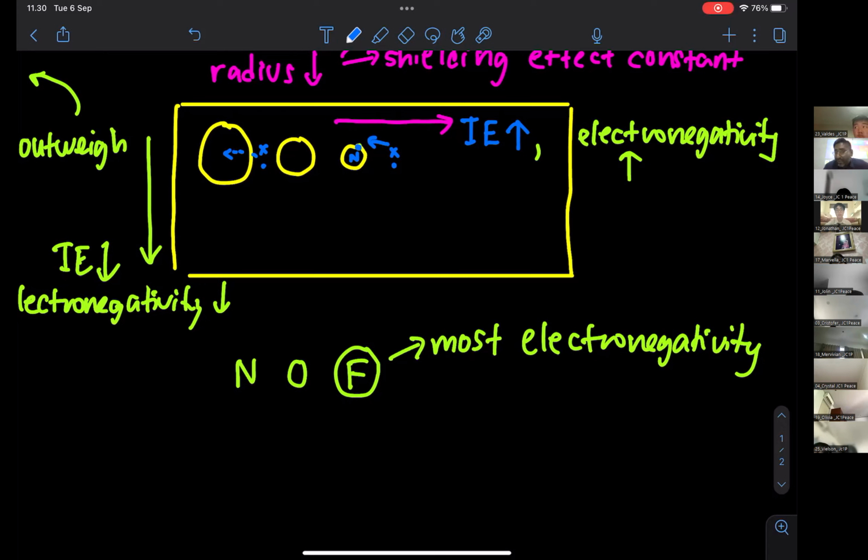Therefore, the one on the right has more electronegativity, the ability to attract electrons, because the nucleus is very strong. We are talking about the electron that is outside, the bonding pair, which can be attracted easily. So the ability becomes more. Is that clear, Eshana?